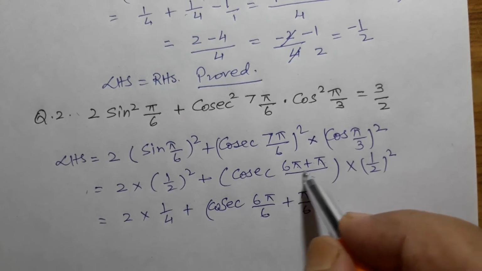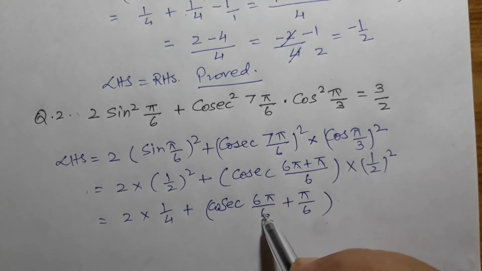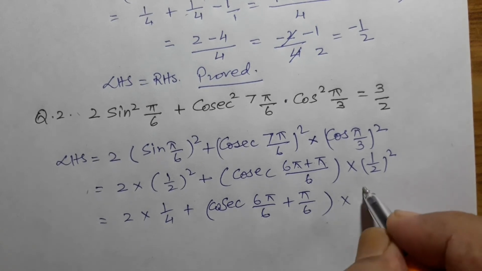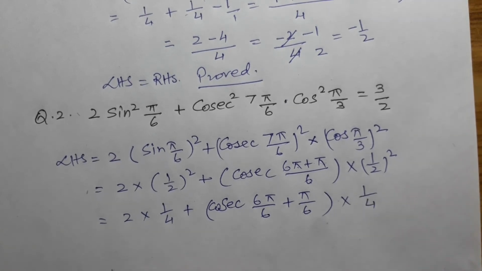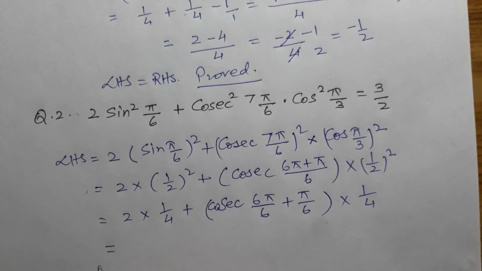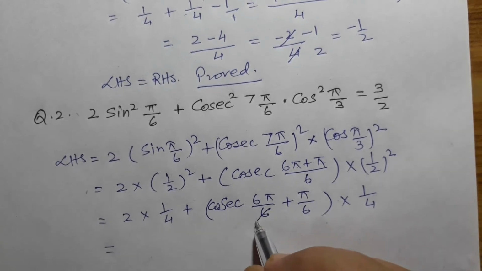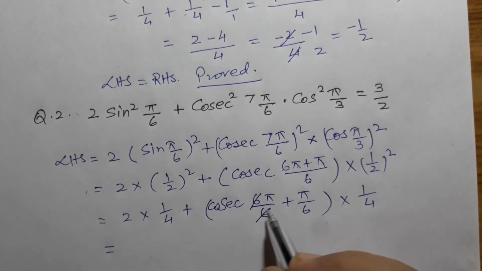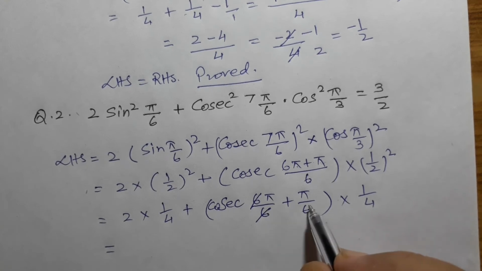So after splitting this term, 6 pi by 6 we can write, and it will be into 1 by 4. 6 is cancelled by 6, so it will be pi plus pi by 6, means in the form of pi plus theta.